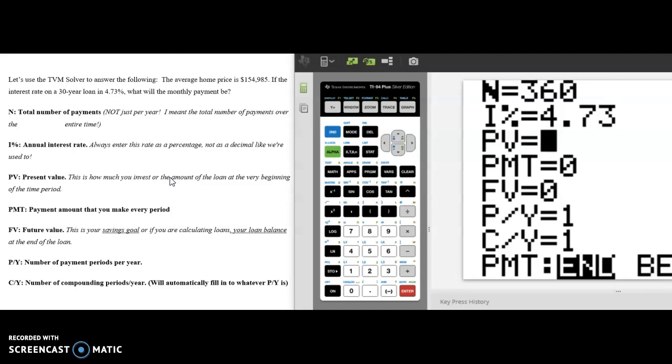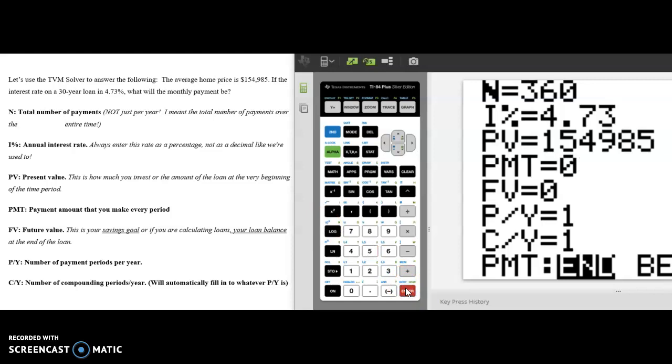We're taking that money from the bank, we're borrowing it. So I want to put in a positive 154,985. I'm going to talk about that positive versus negative in just a second.